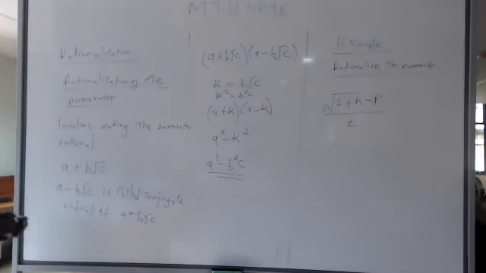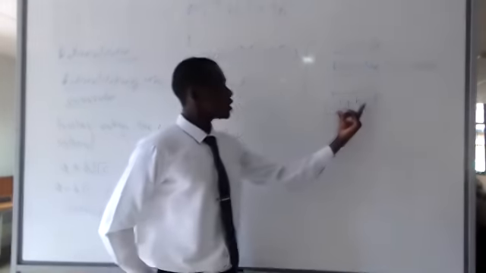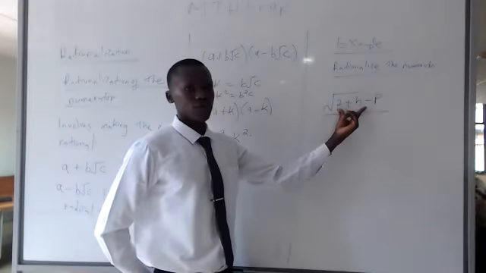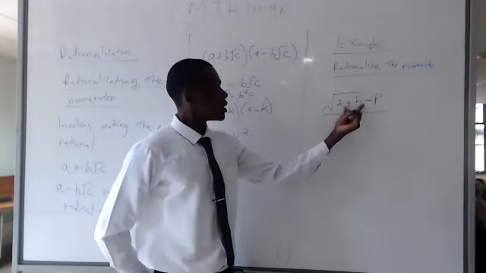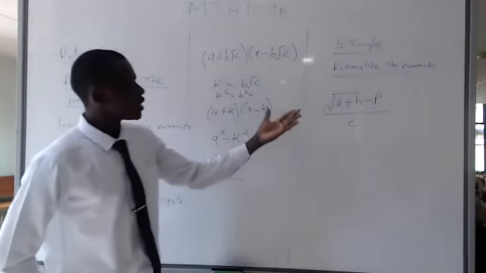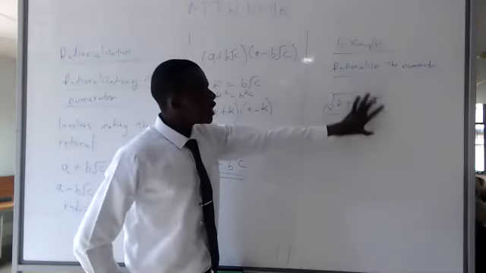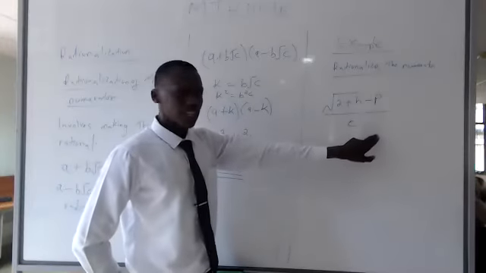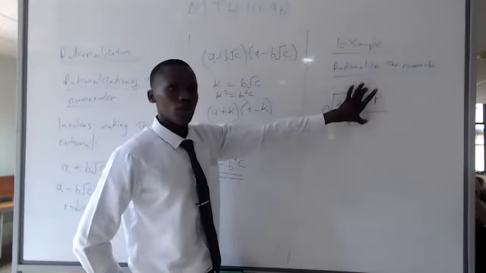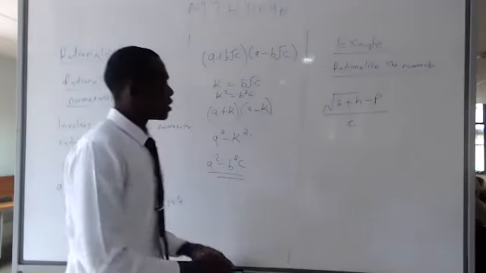Rationalize the numerator. So this is a fraction in which the numerator has a radical. So this is the irrational part. We want to make it rational. The procedure is to multiply both the numerator and the denominator by the conjugate radical of this.